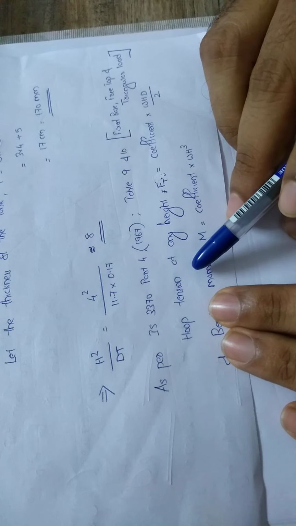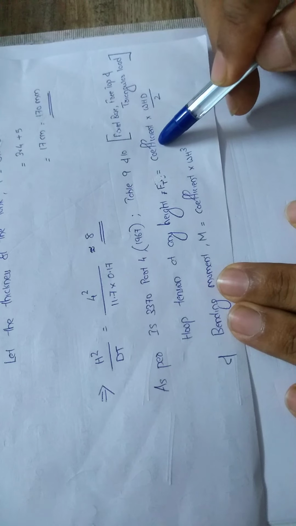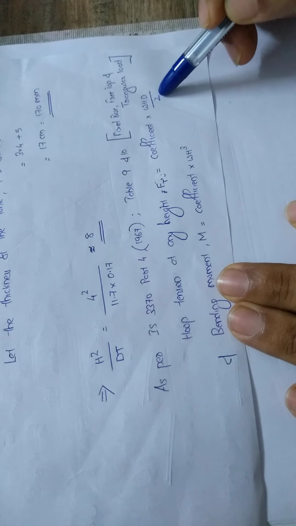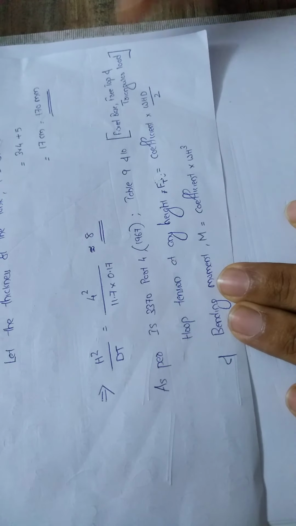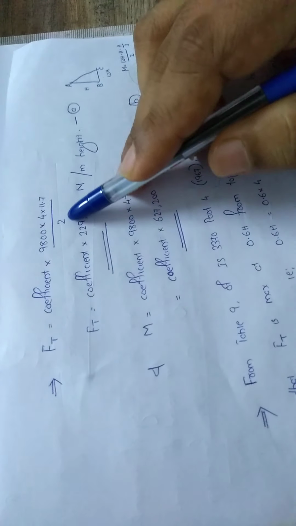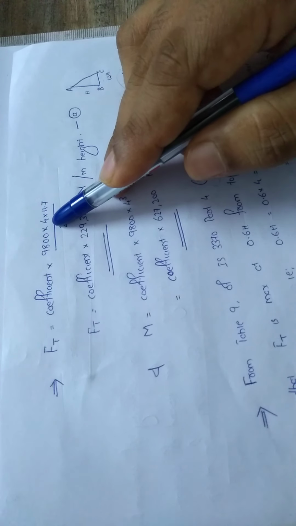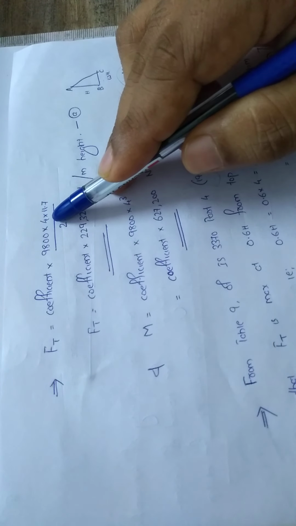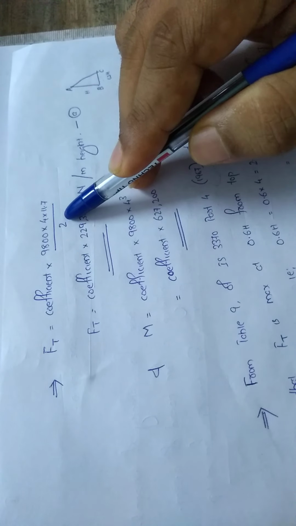Here we are getting the hoop tension at any height represented by Ft is equal to coefficient into Ws D by 2, and bending moment is nothing but coefficient into Ws cube. So Ft is equal to coefficient into 9800, that means the unit weight of water, and into 4 into 11.7 divided by 2.